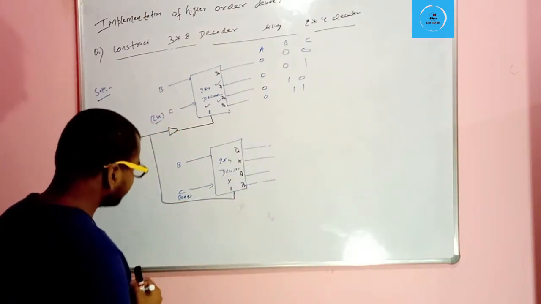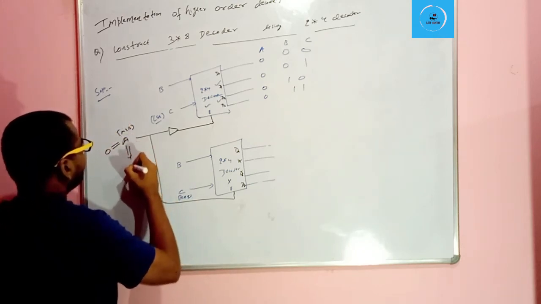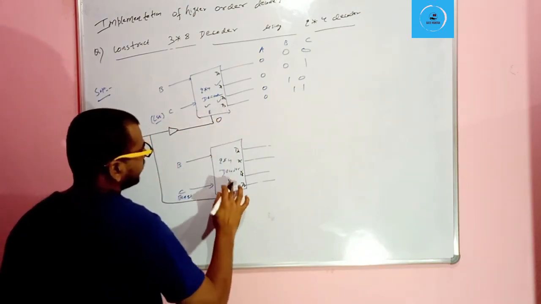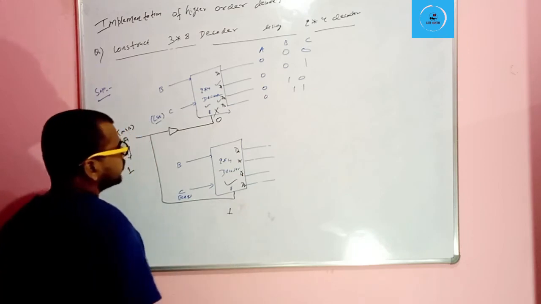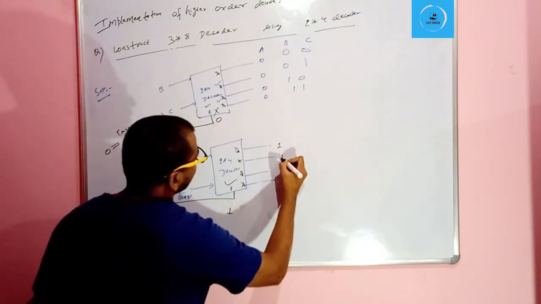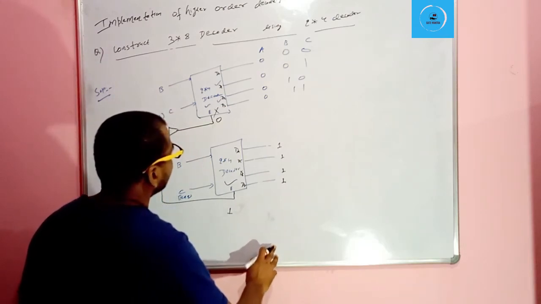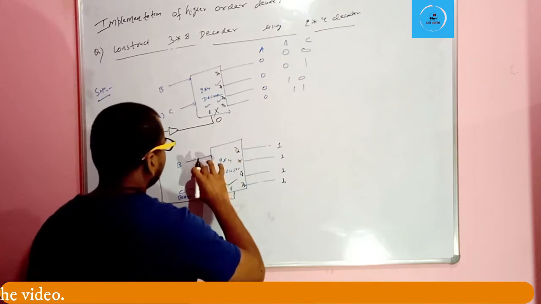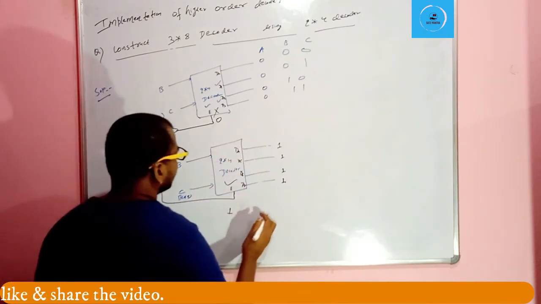And if A is equal to 1, then again 0 will be here and 1 will be here. Now this decoder will not work and this decoder will work. So for A equal to 1, this decoder will work, and for changing B and C, we will be changing the output: D4, D5, D6 and D7.